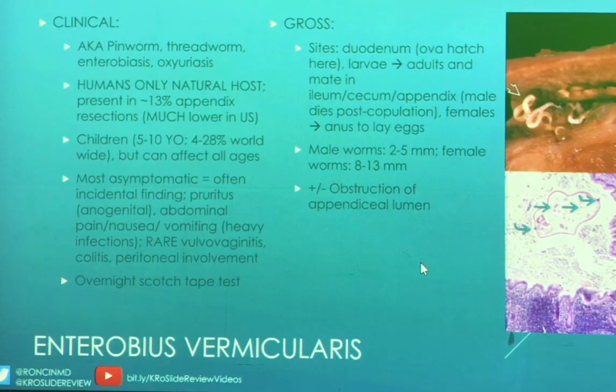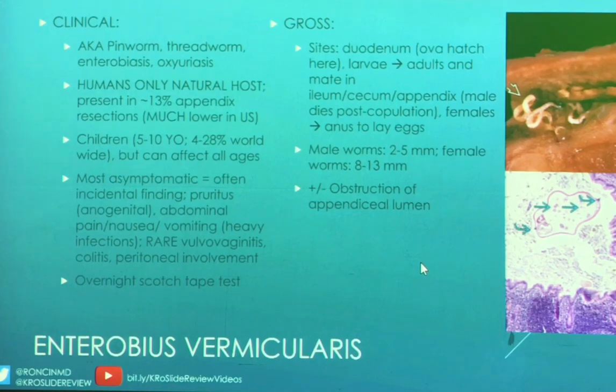They most commonly affect younger children. However, they can affect all ages, okay? Most patients are asymptomatic to this, and these could be an incidental finding, but one of the most common things that we see is anogenital pruritus, and particularly at night. And the reason for this is that that's when the worms are coming out to lay their eggs.